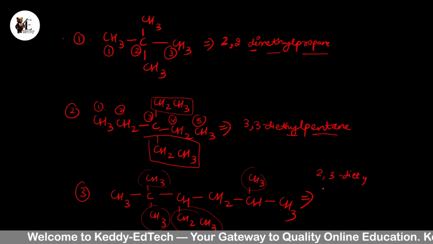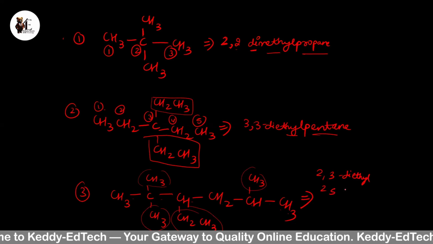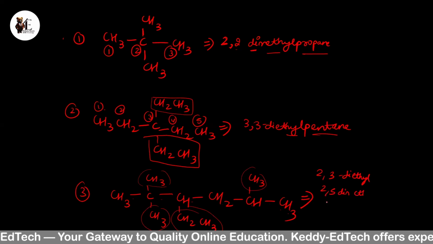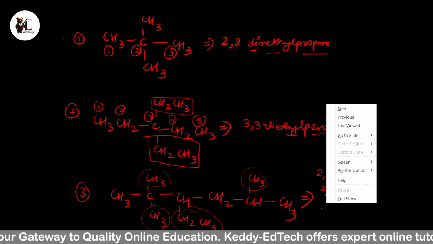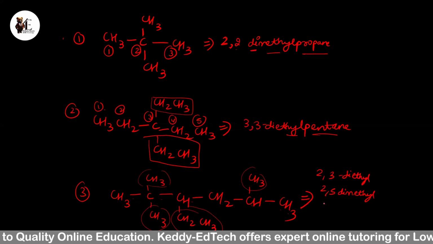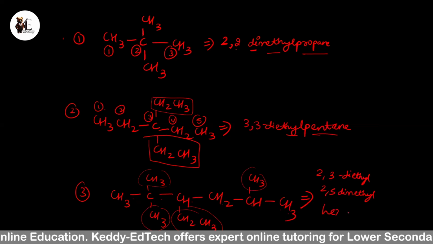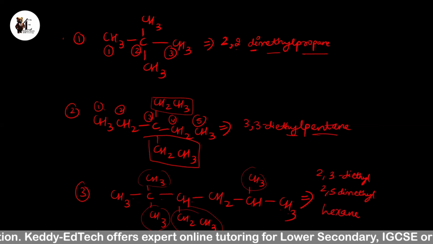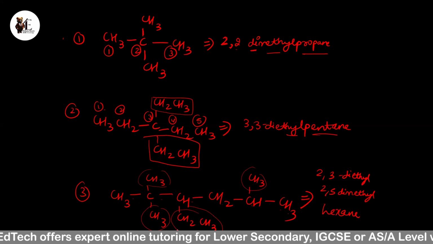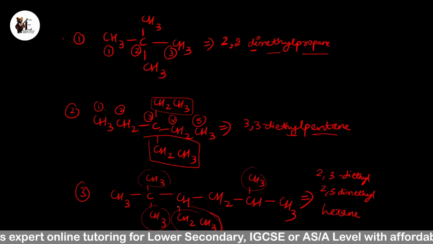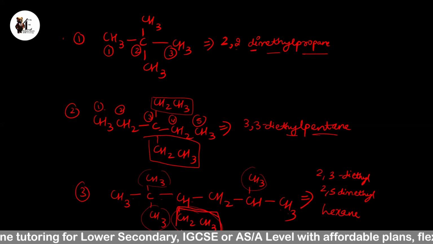Then 2,5-dimethyl. Then hexane. Right? Yes. But I can see only one ethyl group here. Where is the other ethyl group?